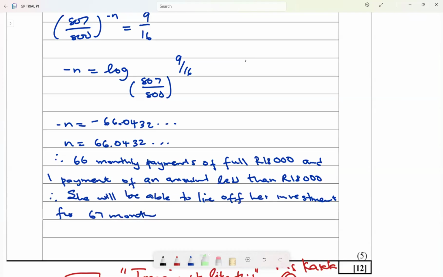Why? Because the 67 months is composed of 66 monthly payments of the full amount, and one payment less, which we do not know. So the answer is going to be 67 months.